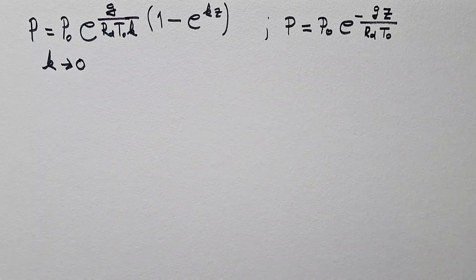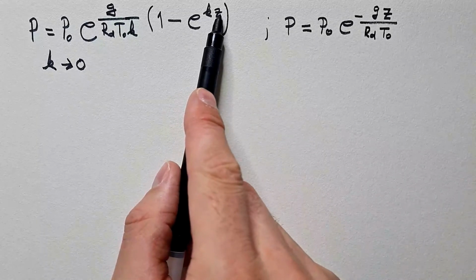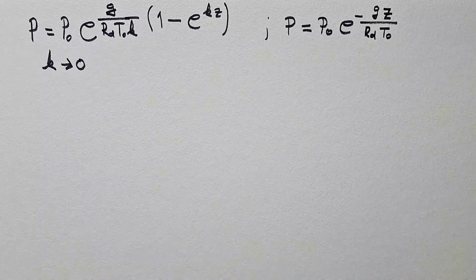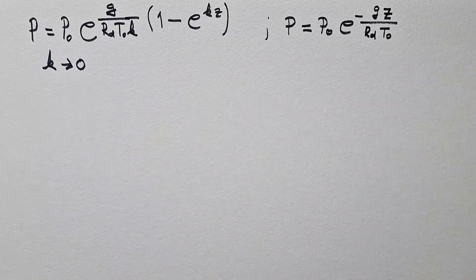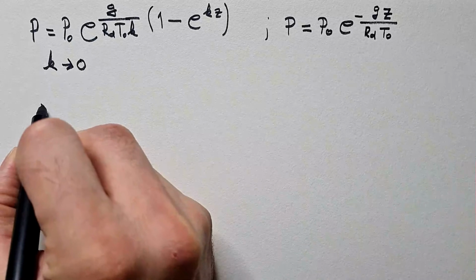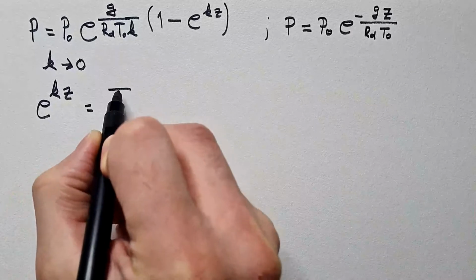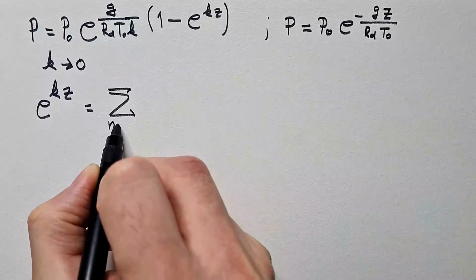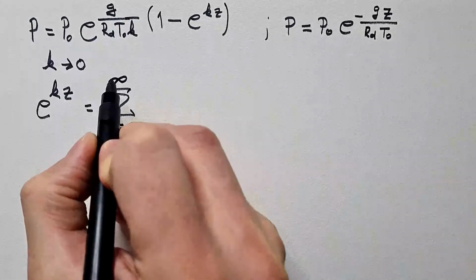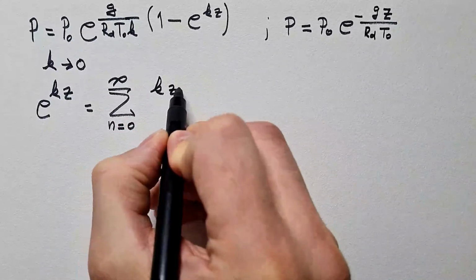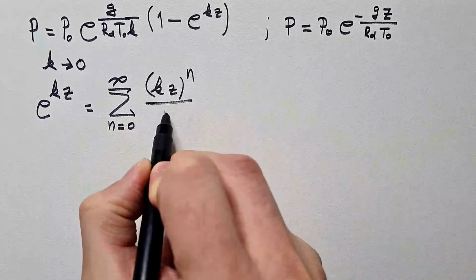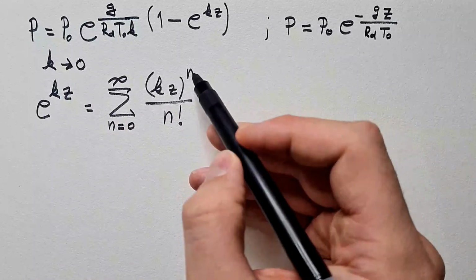To do that, I will use the Taylor series expansion of the function e to the power kz around k equals 0. That would also be known as Maclaurin series. Namely, Taylor series around a point 0 is called Maclaurin series. Anyways, this function e to the kz is equal to the sum, when sum counter n goes from 0 to infinity, of (kz) to the power n over n factorial. Well, what is this equal to?